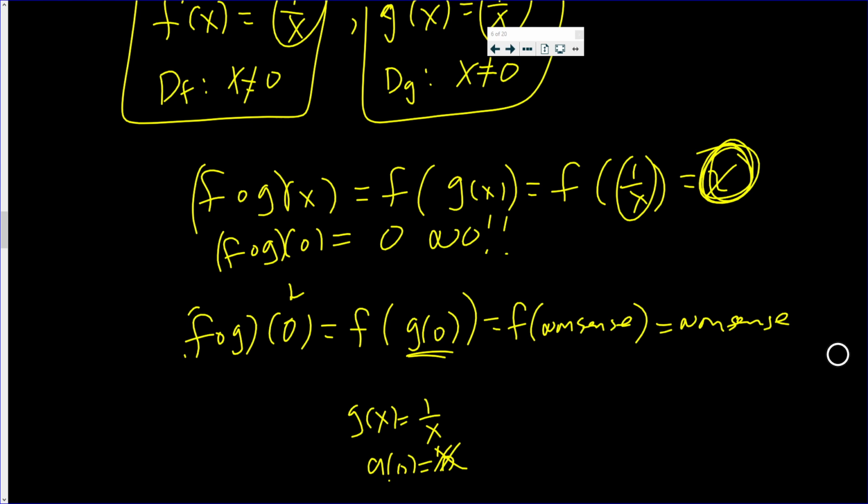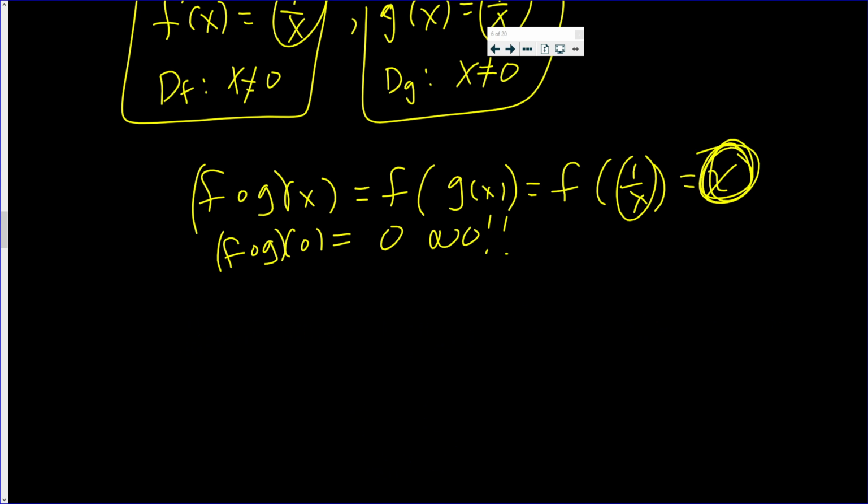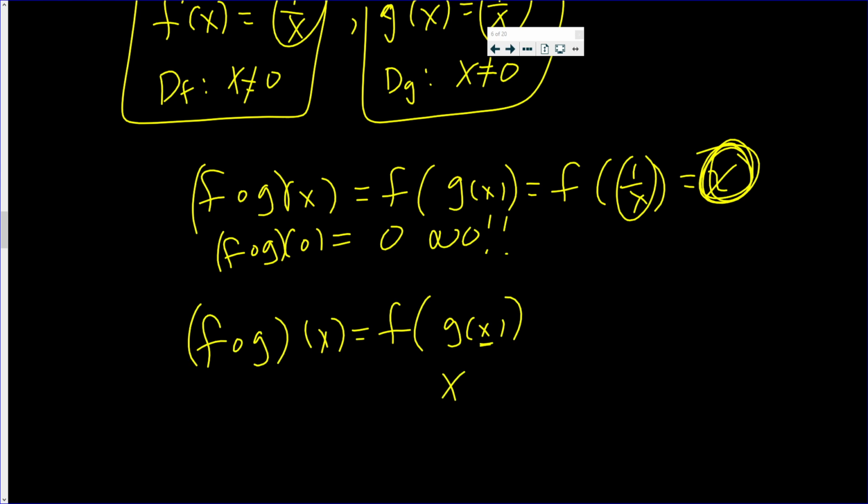Now, if you want, you can go down to the final result, but you have to be careful. F circle g of x is f of g of x. So, what can't you take g of? 0. What can't you take f of? 0.